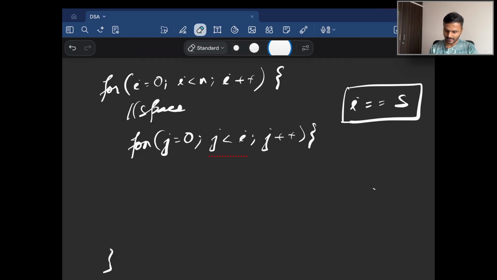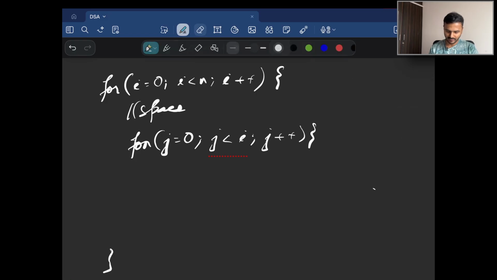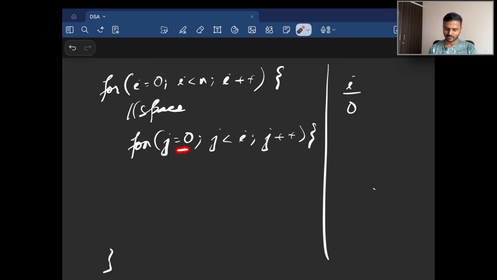We can, right? And let me show you what the values of j will be for different values of I. So when I is 0, j starts from 0 and goes all the way up to less than 0, which means that if j starts from 0 and the value of I is 0, j less than I will become false, which means this loop won't run at all for I equal to 0.